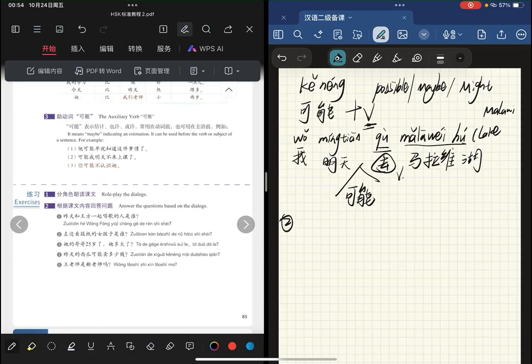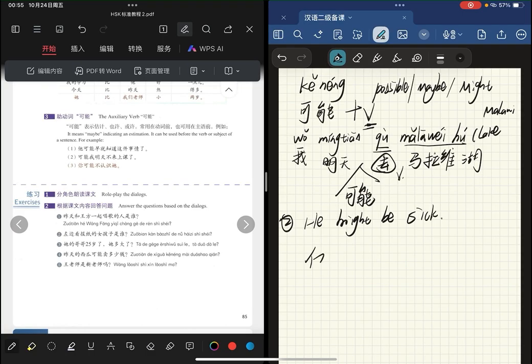There are many possibilities, but we can't be sure because we didn't ask the absent student. So if someone didn't come, I can guess, oh, he might be sick.